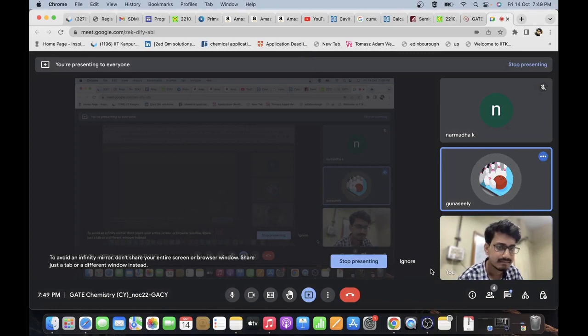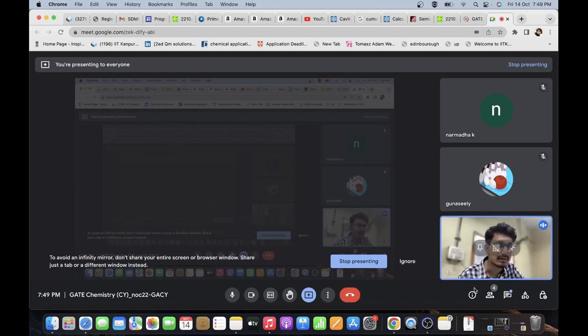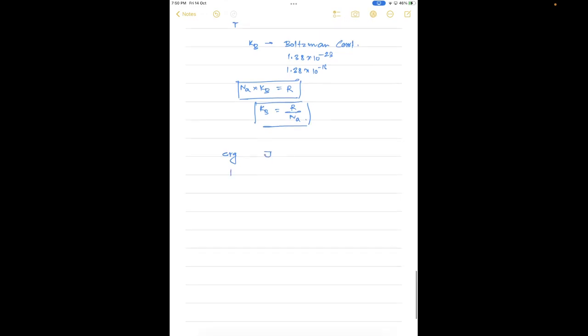Sir, how to convert joule to calorie? Oh, okay. So 1 calorie equal to 4.2 joule. You can remember that. Let me share the screen. The CGS unit of energy is erg, and the SI unit of energy is joule. So 1 joule equals 10 to the power 7 erg.